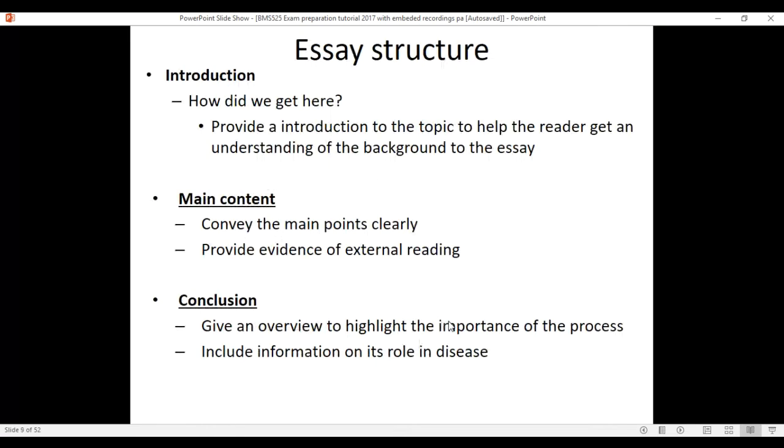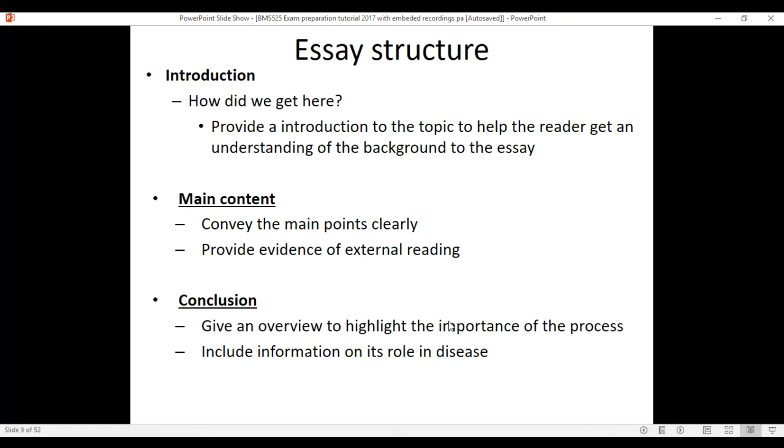So the bigger question I think people have is, well, how do I answer the essay questions and where do the marks lie? Generally speaking, when you're asked to answer an essay, what I would expect is that you'll have a structured essay, and I mean structured as in it has some sort of format.